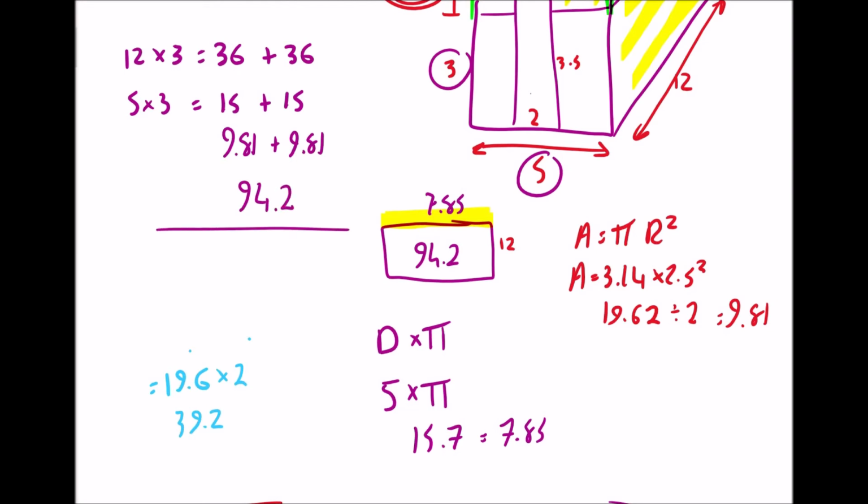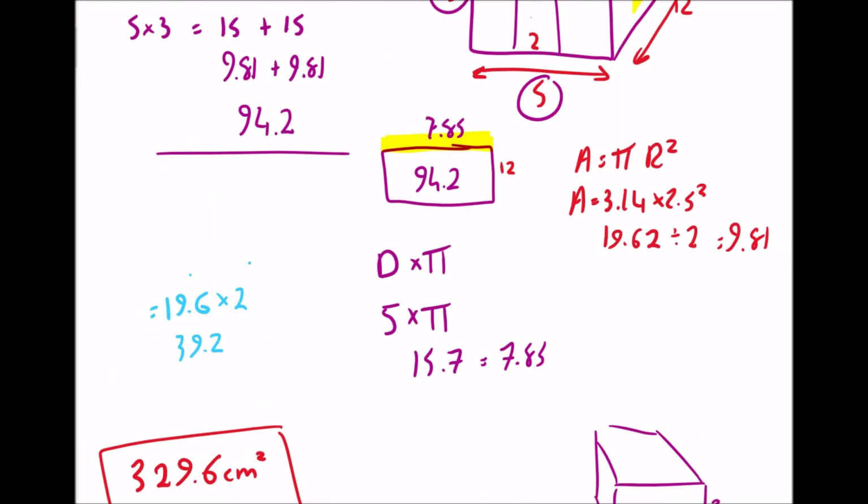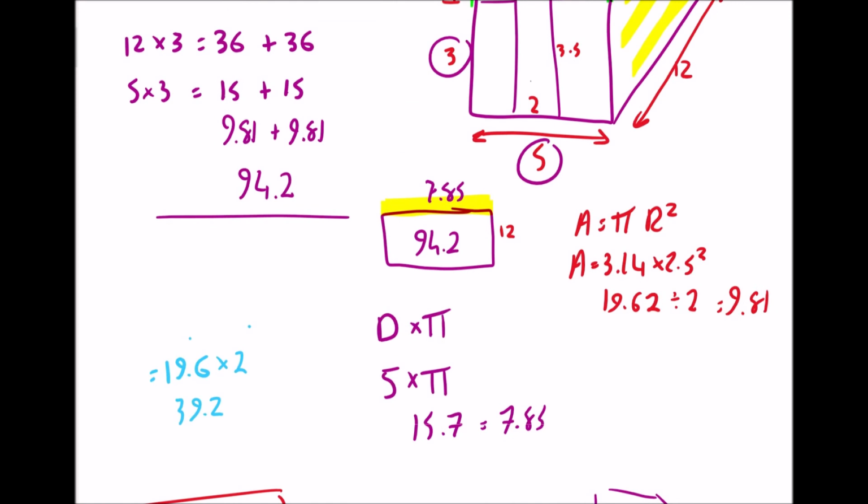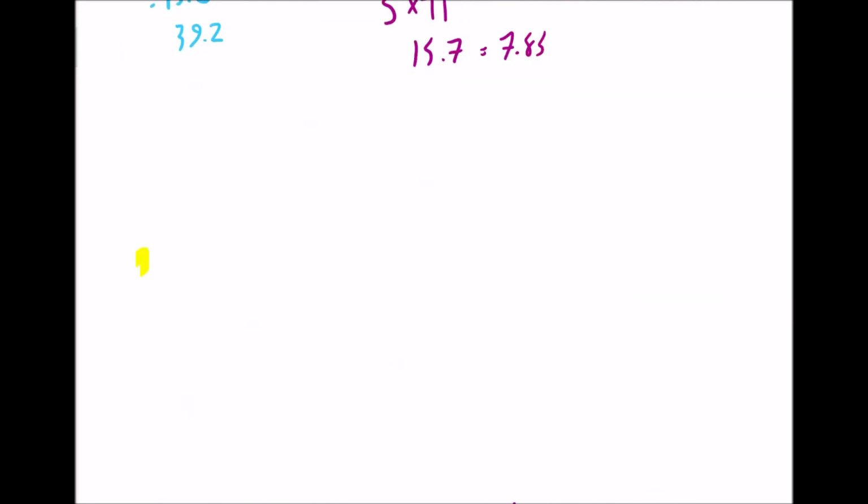So 94.2, we add them all up. 94.2 plus 9.81 plus 9.81 plus 15 plus 15 plus 36 plus 36 equals 215.82 meters squared.